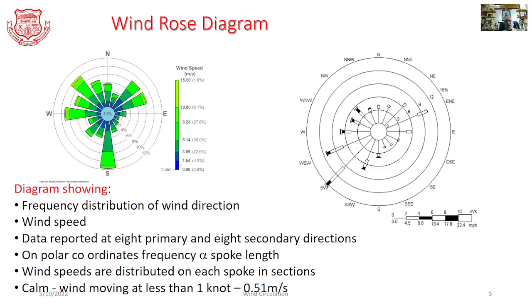This is a very handy tool, and old versions as well as even the modern versions of these wind rose diagrams can be adopted for the air pollution dispersion studies.